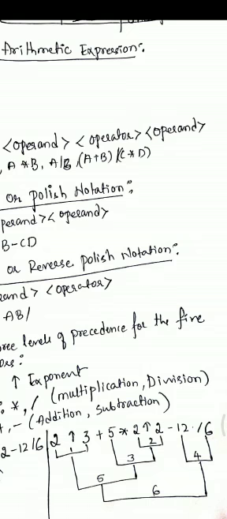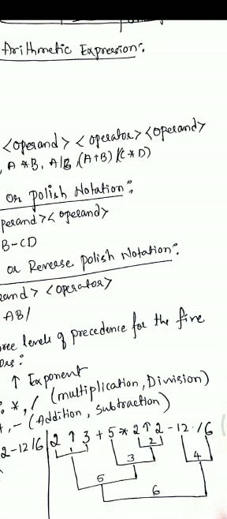2 exponent 3 is the first priority, the highest priority level, so I am going to evaluate this first. Next, 2 exponent 2, again an exponent operator, also highest priority.